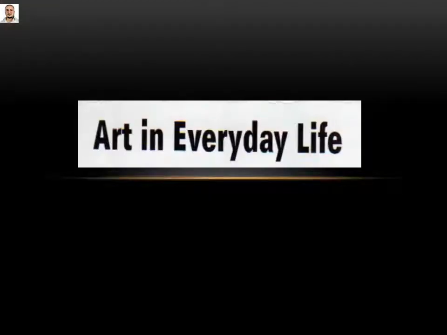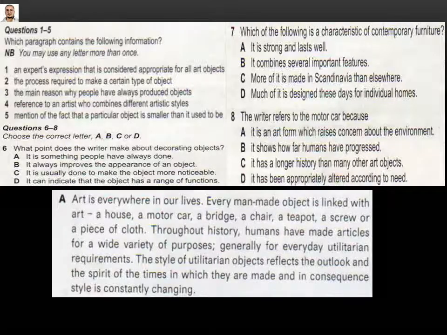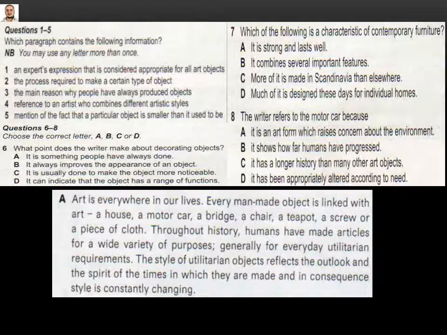It's about the passage of art in everyday life. We will start reading and answering at the same time. In paragraph A, art is everywhere in our lives. Every man-made object is linked with art. A house, a motor car, a bridge, a chair, a teapot, a screw, or a piece of cloth.